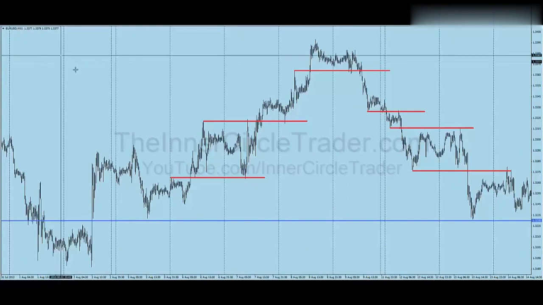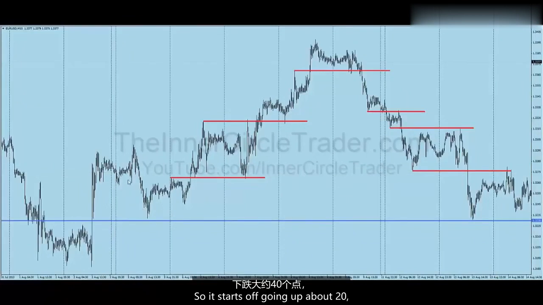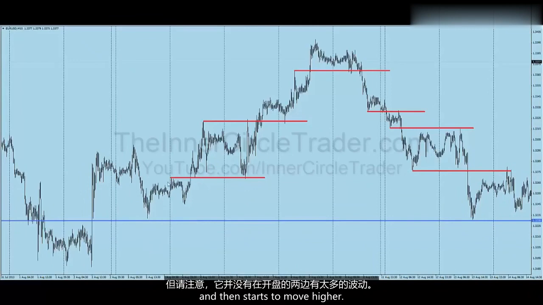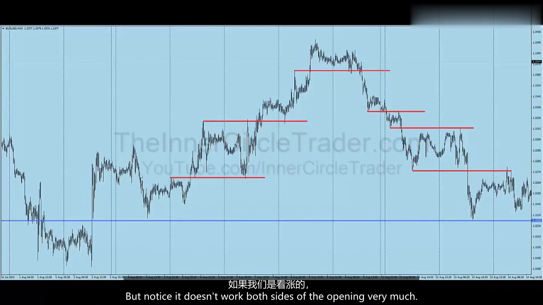Let's look at exactly what we're looking at here. It moves up 25 pips. It moves down 42 pips. So it starts off going up about 20, goes down about 40, and then starts to move higher. But notice it doesn't work both sides of the opening very much.